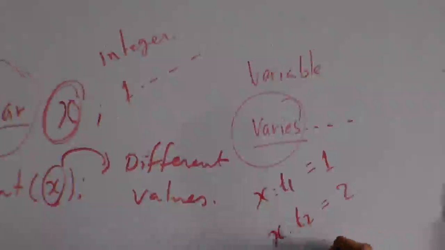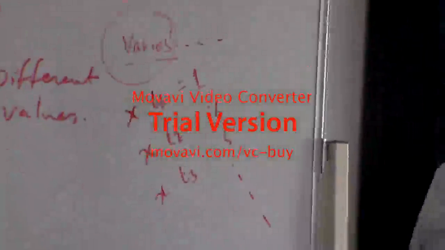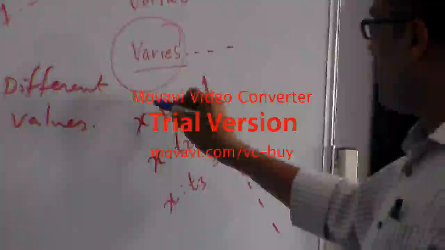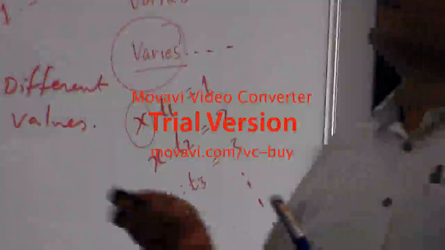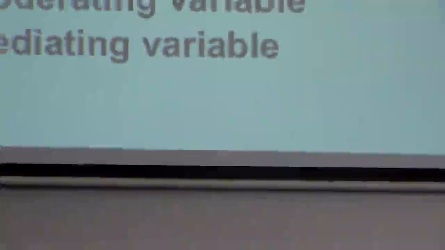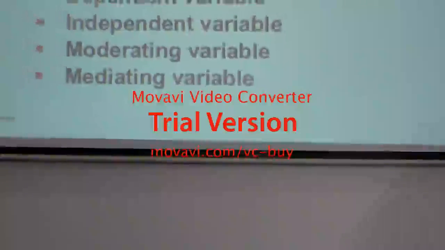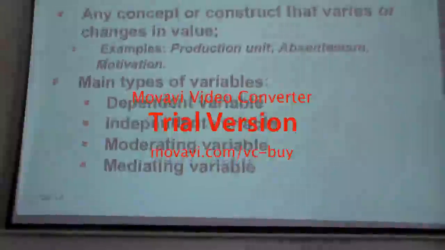The third value of x in time t3 is 3, for example. So, this is what we mean by variable. Means the variables or the concept varies. Varies means variable or get different values or change in value. Okay? Understand what we mean by variable?